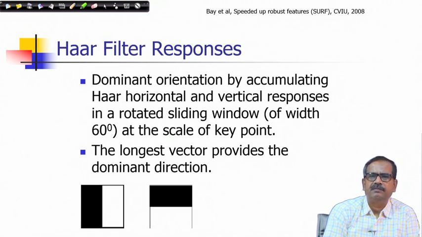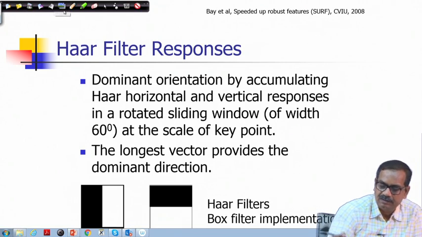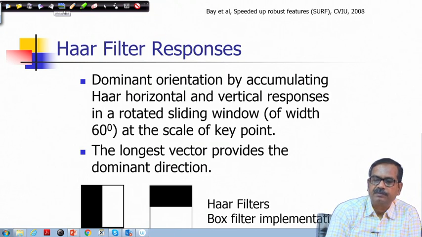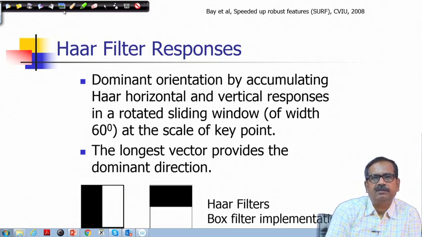This is nothing but the computation of gradients along different scales. These are the two particular filters shown here, and they can be implemented by box filters. To get the orientation, you can rotate the image, apply these filters, and find out where you get the maximal responses.